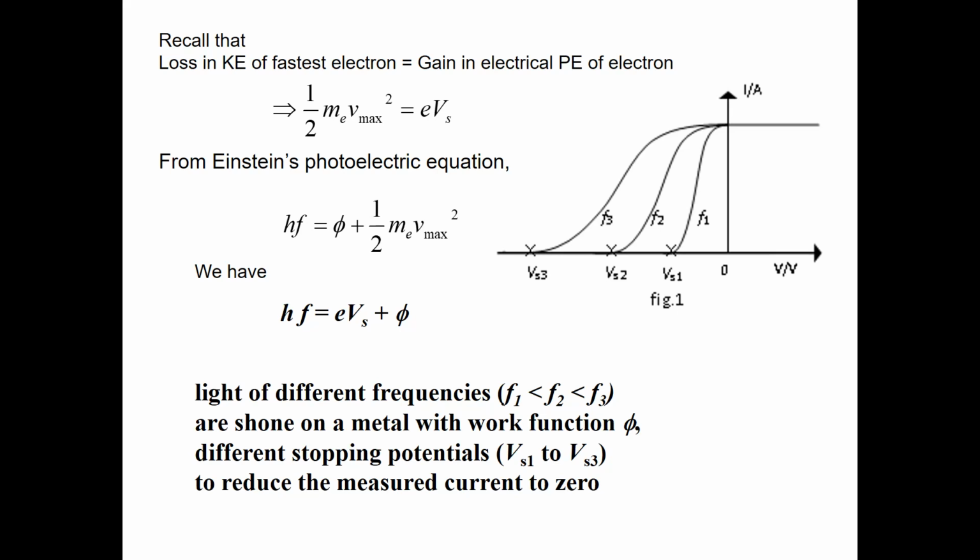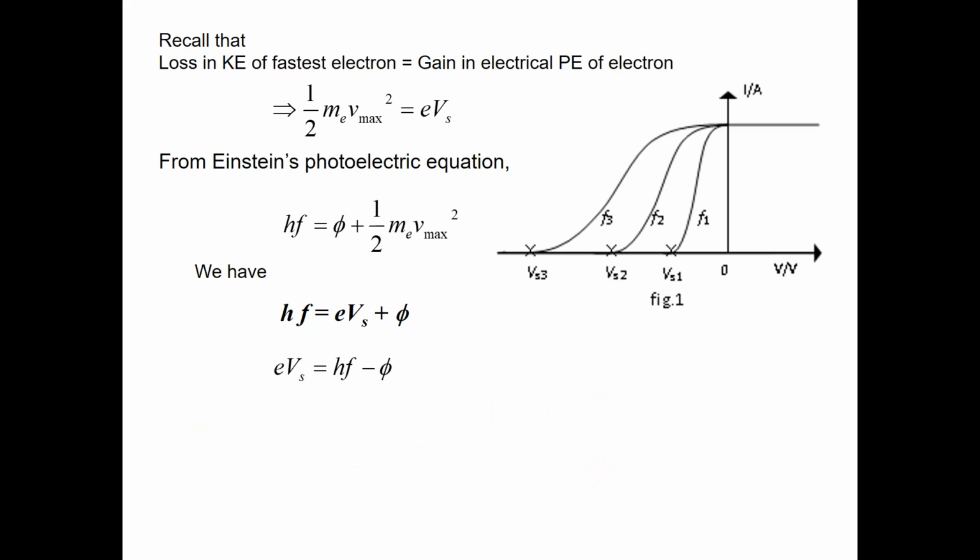Now, it is also very interesting to look at the stopping potential versus F graph. I want to introduce to you a new graph, which is the stopping potential versus F graph. And to do that, I will take this equation, rearrange it with stopping potential on the left-hand side, and I get this equation.